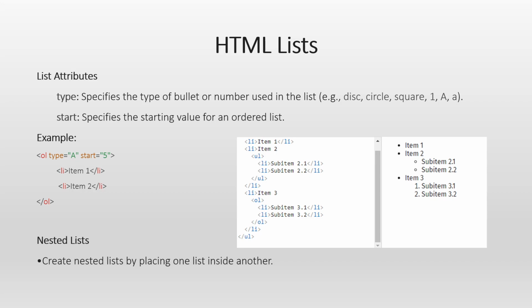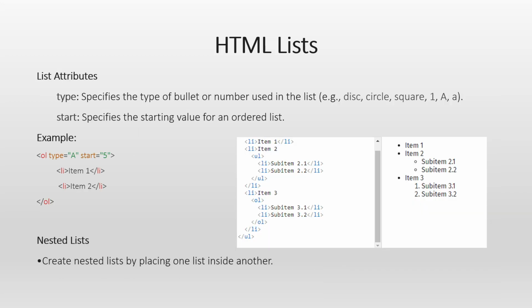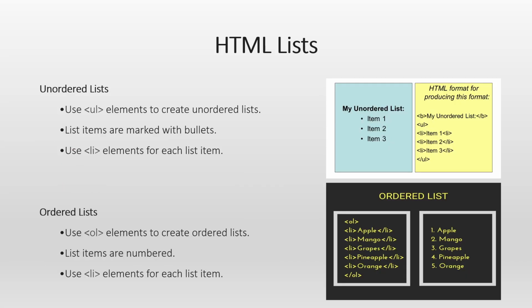Next, coming to the ordered list, we can also do this. Here we have seen the lists are numbered as 1, 2, 3, 4, 5. We can also make the list start with A. The list should be A, B, C, D. Like, I don't want to show 1, 2, 3, 4, 5, I want to show A, B, C, D. Or else I want to show Roman numbers.